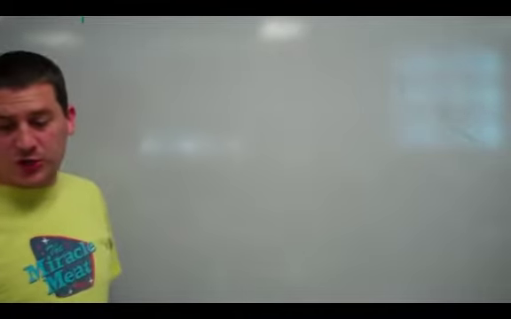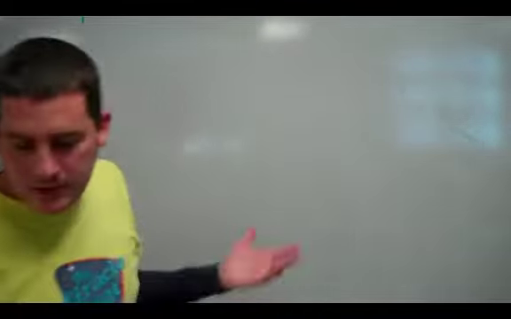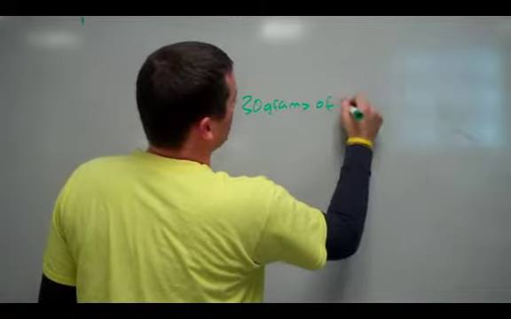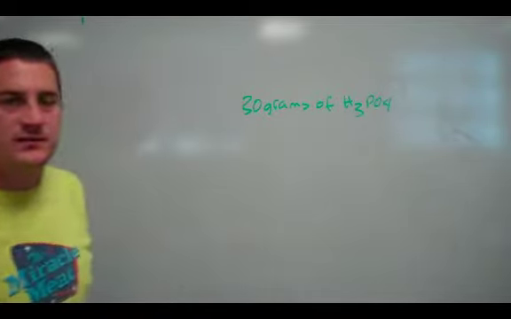So now let's step up to something just a little bit more difficult, okay? On your next sheet, the one you're going to be doing tomorrow. So let's start with 30 grams of H3PO4, or phosphoric acid, okay?